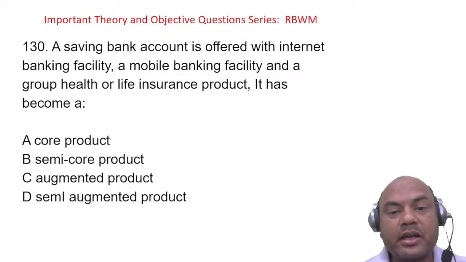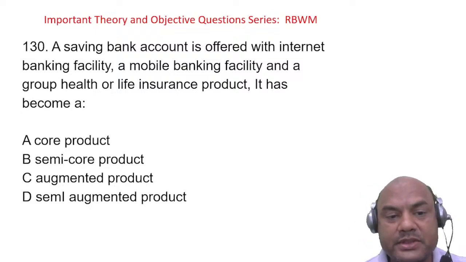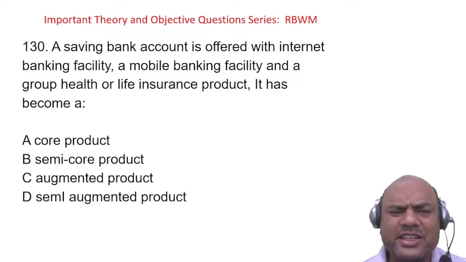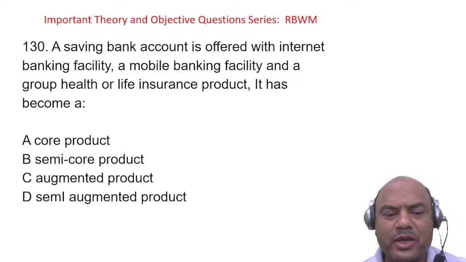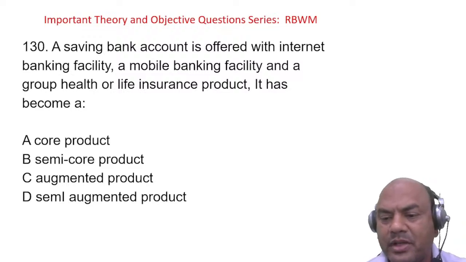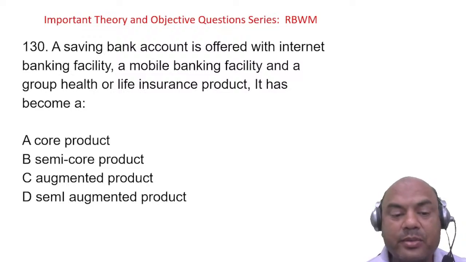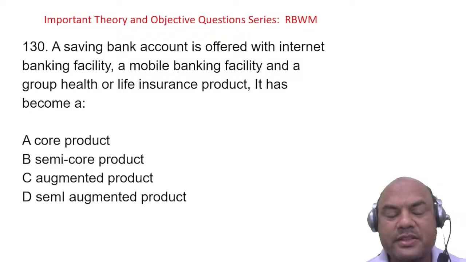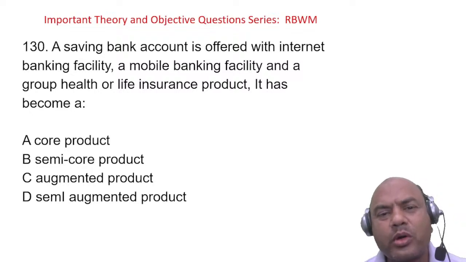A savings bank account is offered with internet banking facility, mobile banking facility, and a group health or life insurance product. It has become a core product, semi-core, augmented, or semi-augmented? Now this is simple for you. You must be able to answer this. Just now I gave you the meaning of the products. Two or more products combined.